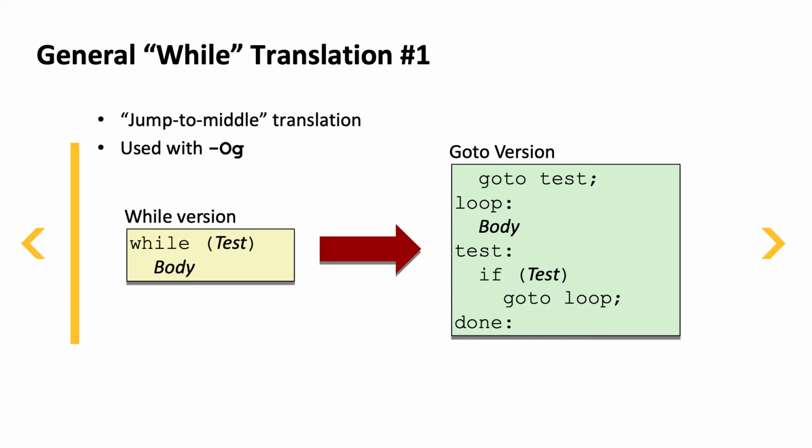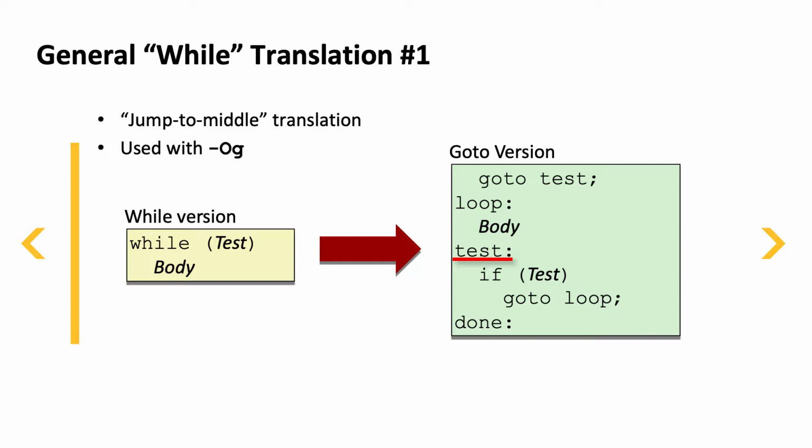First is our jump to middle translation, where basically we're just going to have a separate label for our test. So I've got the same kind of stuff that we saw in the do while loop. We've got our label for loop, and that gives us the body of the loop. Then we're actually going to have another label for test, where we'll actually do the if test go to loop. So that's the same, but we give that its very own label.